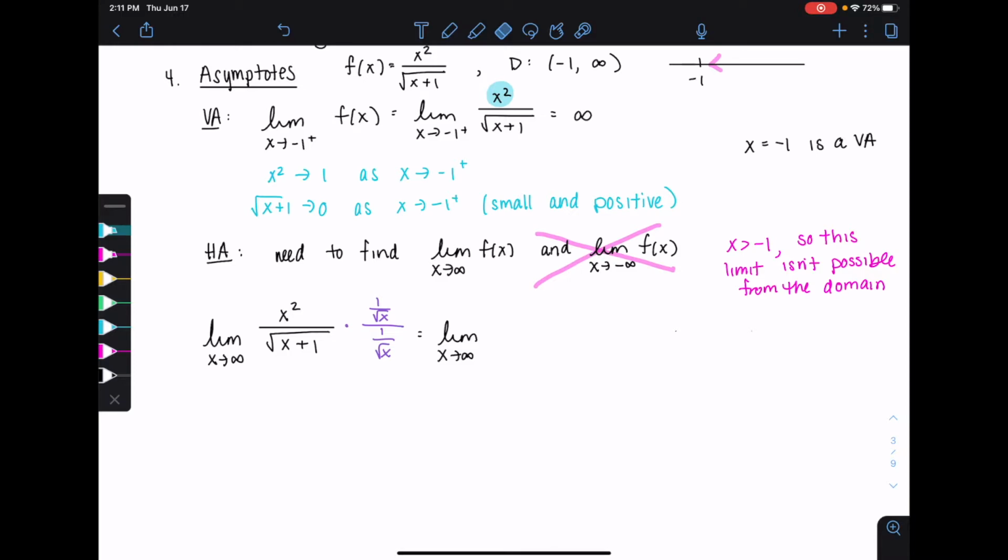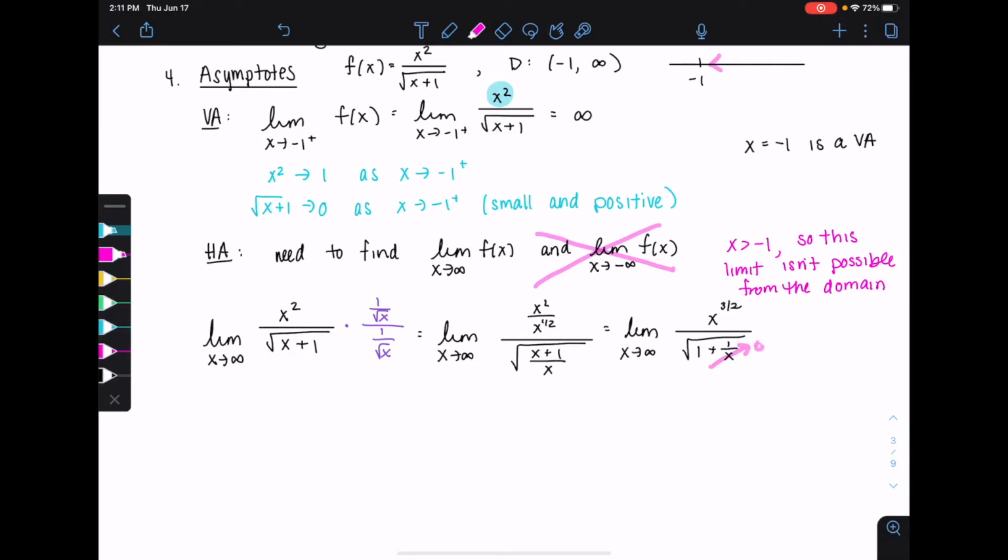So what that causes is x squared divided by x to the 1/2 in the numerator. And we've got the square root of x plus 1 divided by x in the denominator. So simplifying this, we're going to get x to the 3/2 in the top. And in the bottom, that's going to simplify really nicely to 1 plus 1 over x.